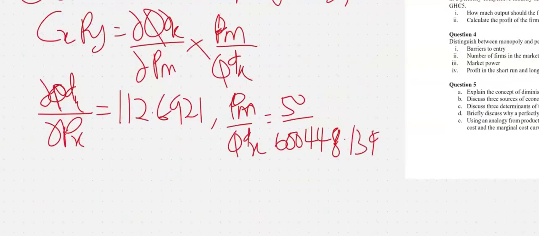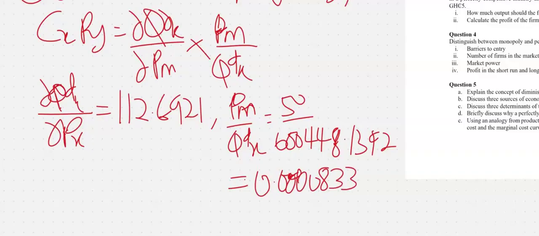That's going to give us 50 divided by 600,448.1392, which gave us 0.1234833. Okay, that's quite similar to the first. That's fine.